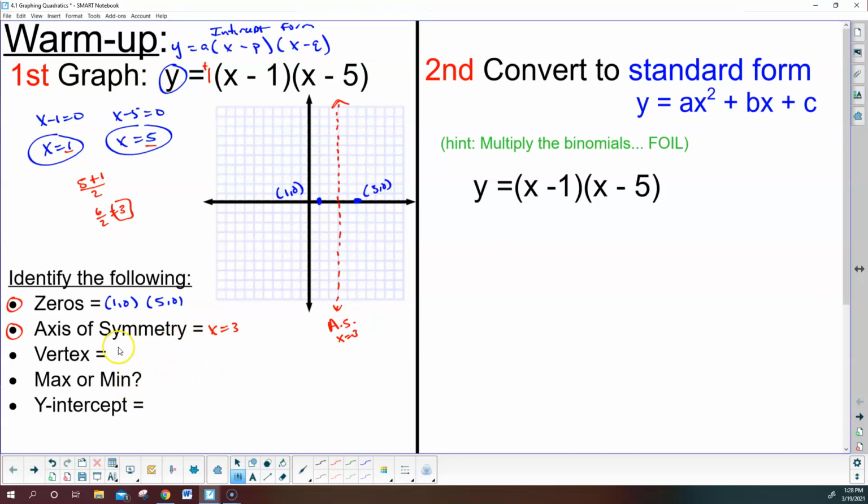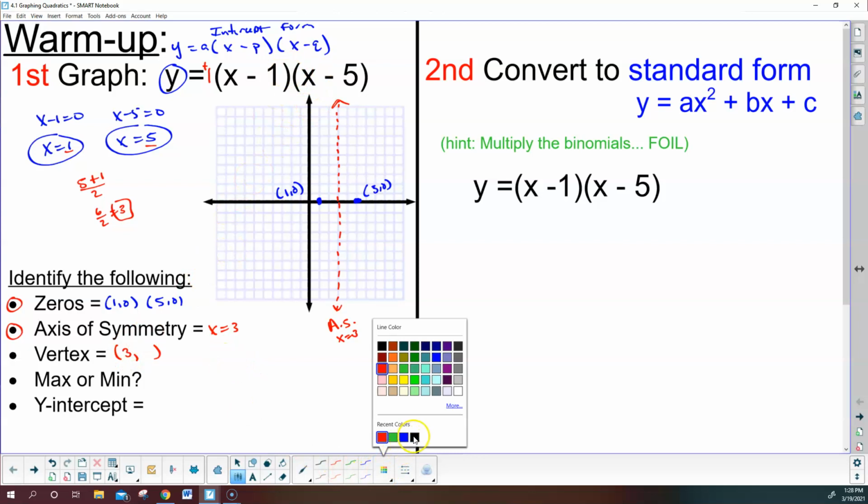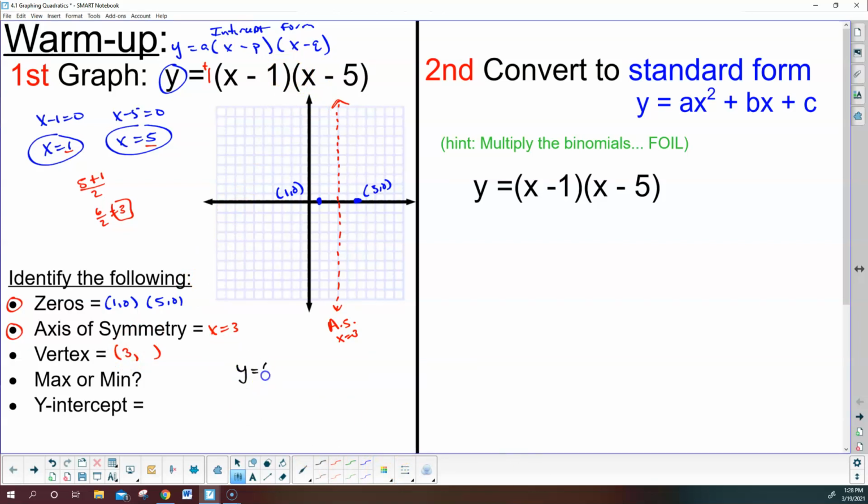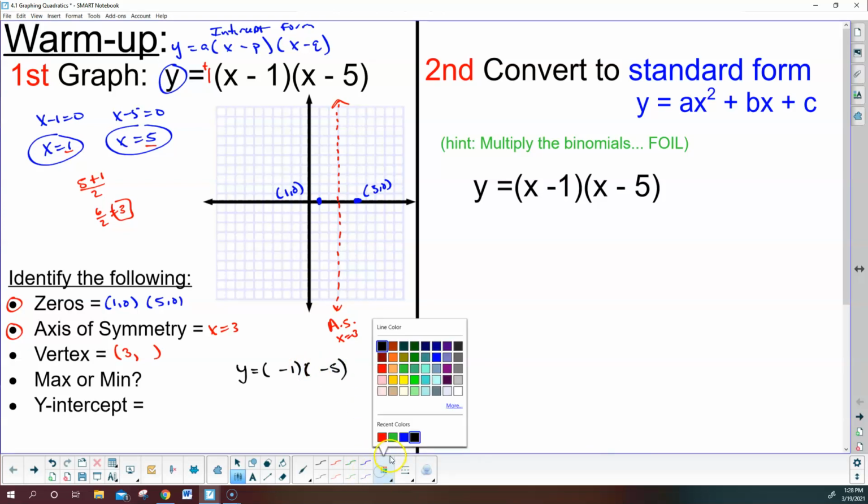Now, the vertex is the x value of the axis of symmetry. And then all we're going to do to find the y value, if you know a point, you're just going to plug it in. So if I take that equation and I plug in 3 each spot where there's an x, and then we're going to simplify.